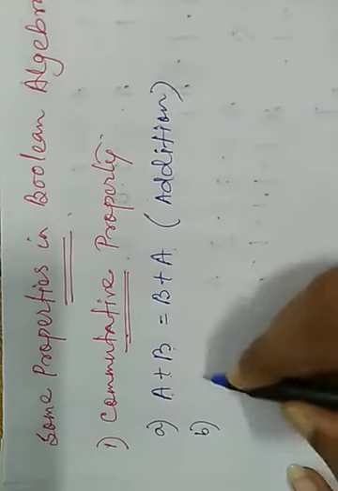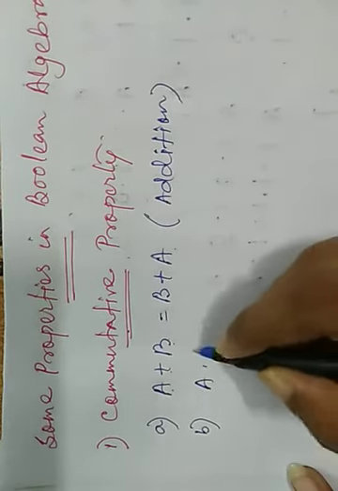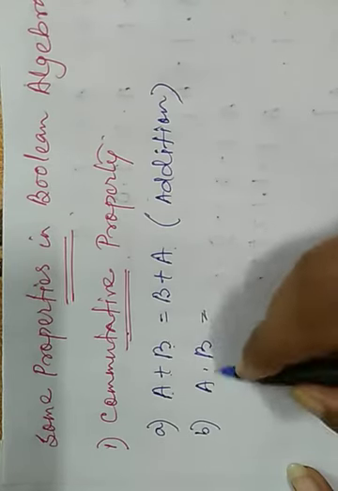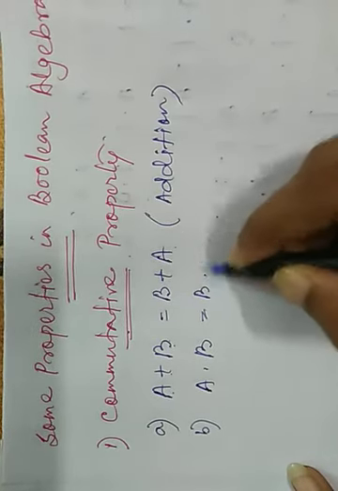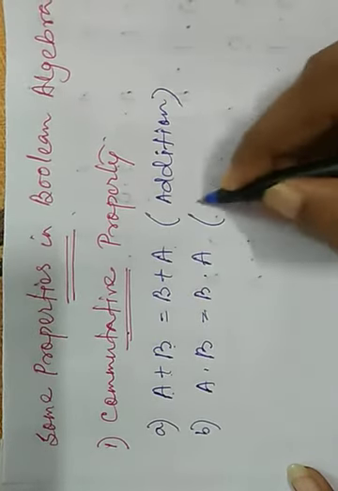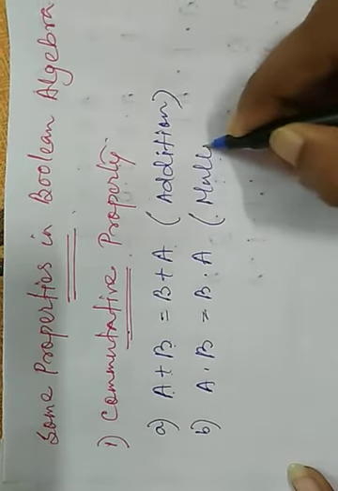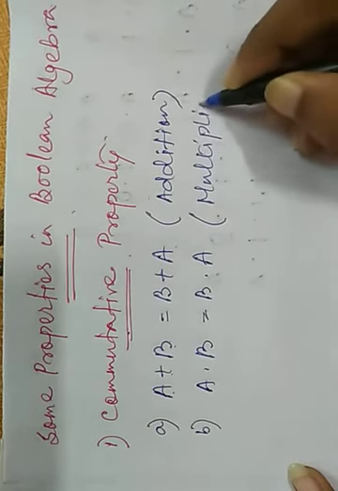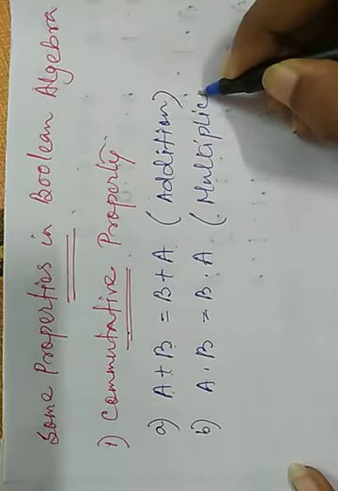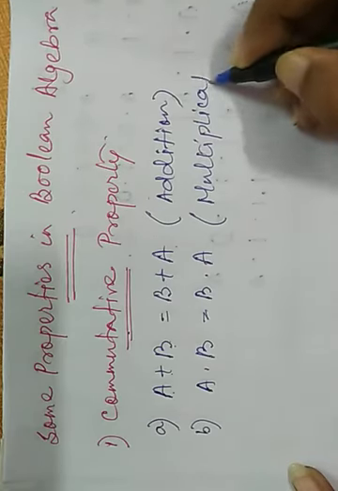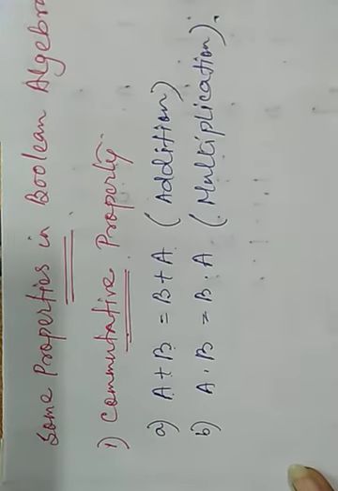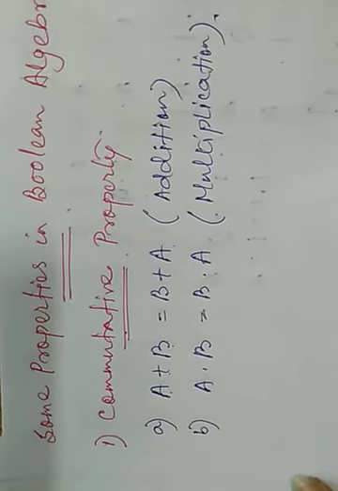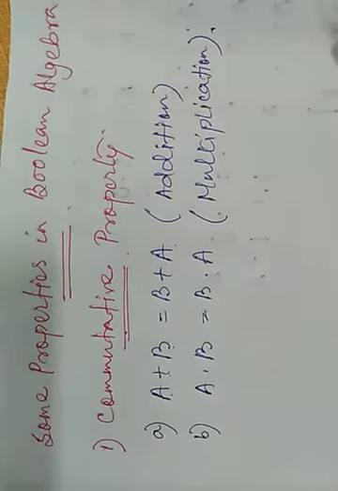And similarly, we can say a dot b, that is the multiplicative property, equals b dot a. Okay, we can prove this using truth table.